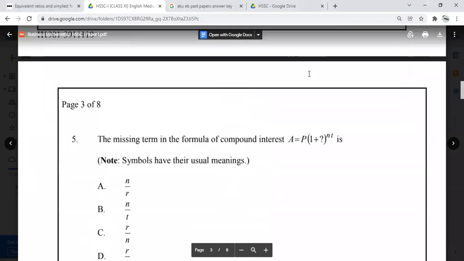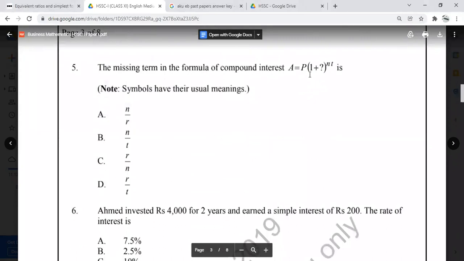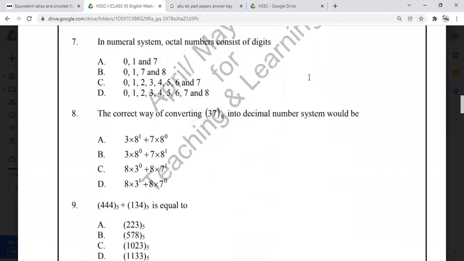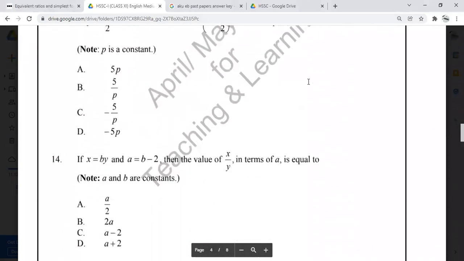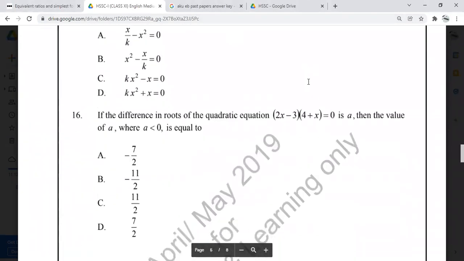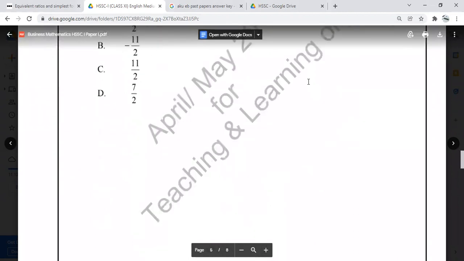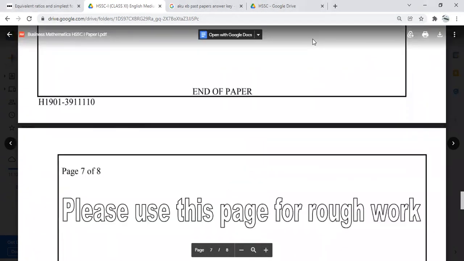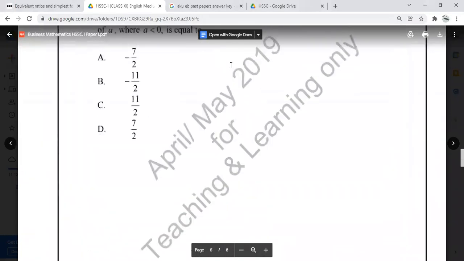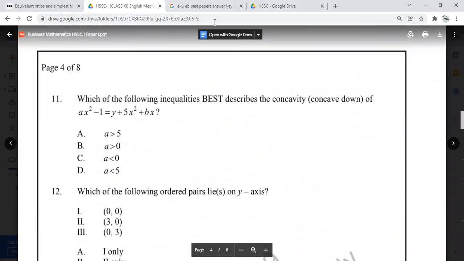Okay, moving ahead. Oh no, this is compound interest. Yeah, there were only 2 questions in 2019. So let's open another exam paper, 2018.